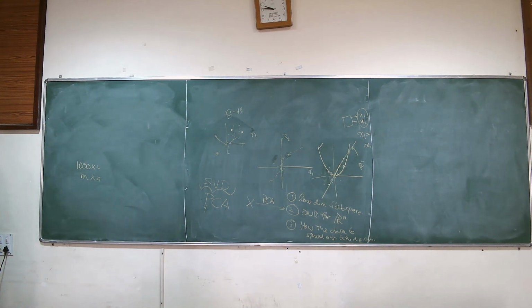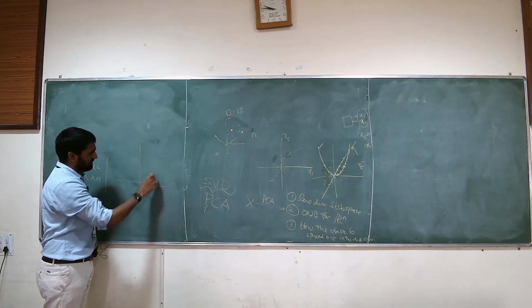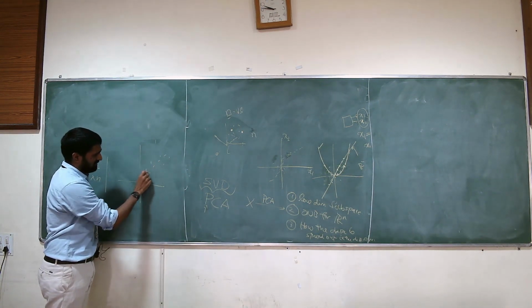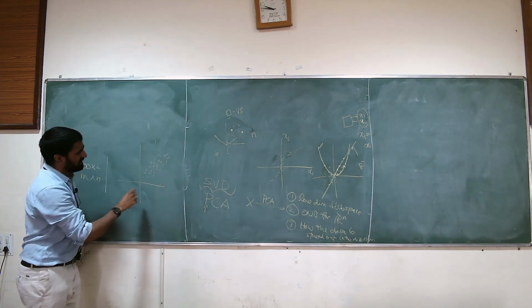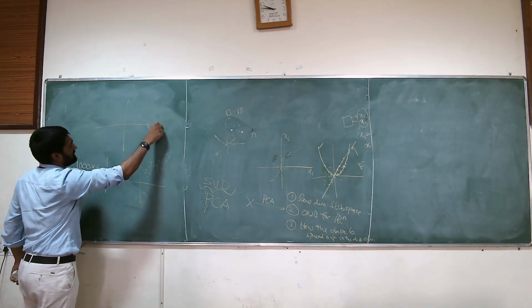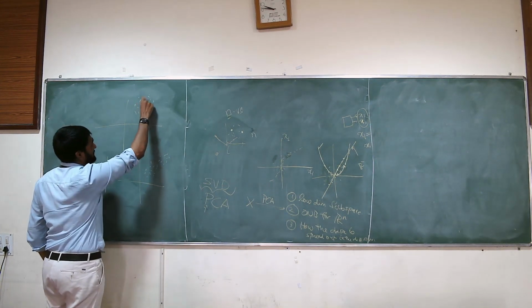Okay. Then the question is, how do we identify this? Let's say we have two situations. We have a scatter plot like this, and I have another scatter plot like this.